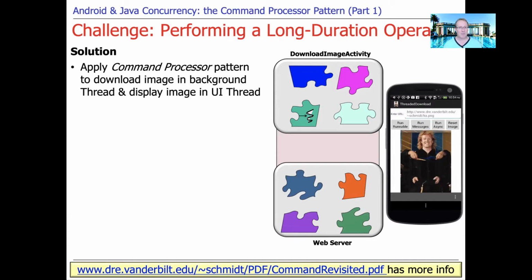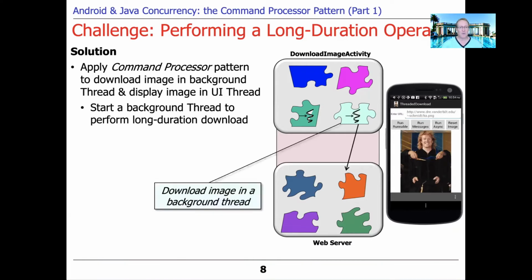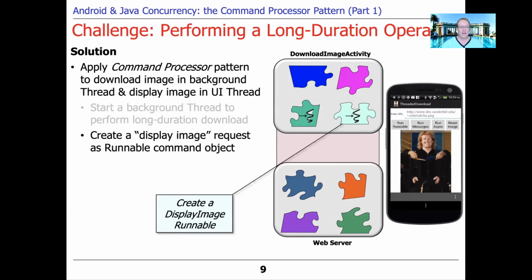Take a look at the link at the bottom of the slide for the paper called Command Revisited that talks about the command processor pattern in its modern form. To think about how we would implement it in the context of Android using some Java mechanisms, we would start a background Java thread, which would perform this long duration download. Then we would create a display image request using a runnable command object.